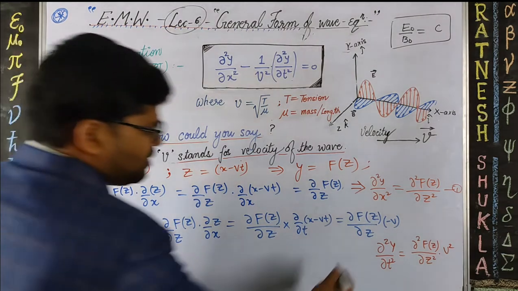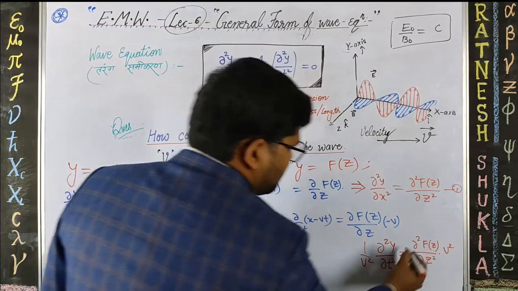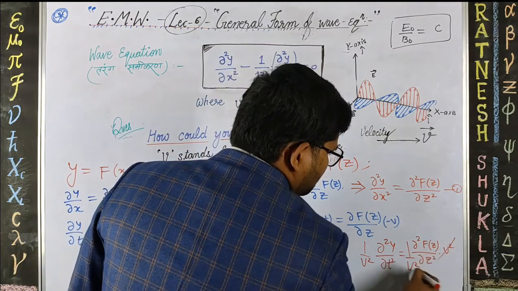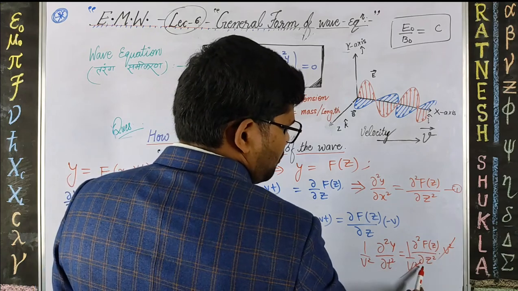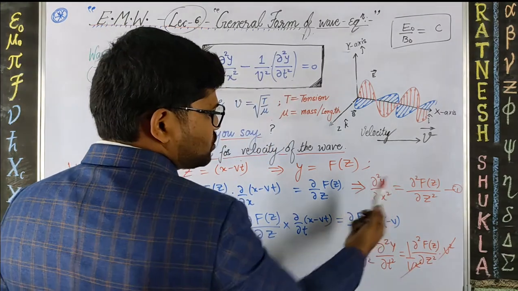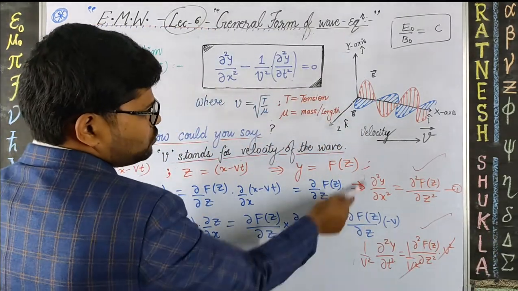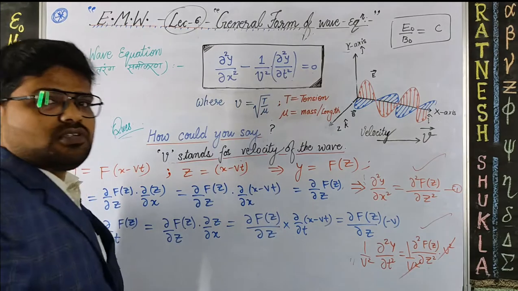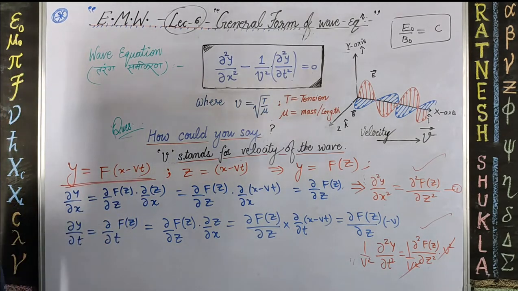Now if you multiply here by 1 by v square, the v square will cancel out. Your answer is d2f of z upon dz square, the same value as d2y over dx square. Check, both values are same. If you subtract these two, you will get the answer 0. Means our assumption was correct.